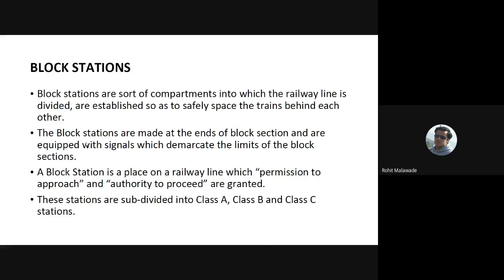Now, block stations are sort of compartments into which the railway line is divided, to safely space the trains behind each other. These are the stations where the movement of the train is controlled by signals. If any train wants to move from that particular station, it should be operated according to the signal.